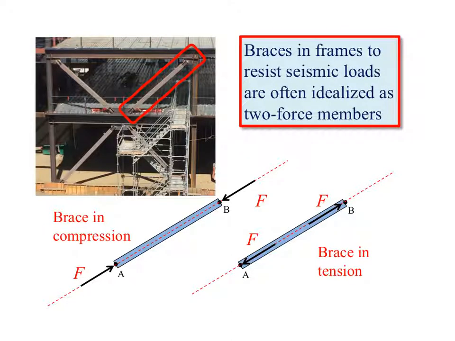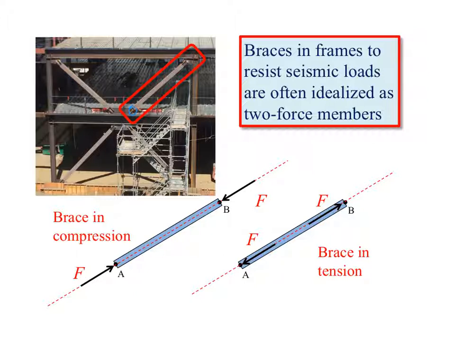An example on campus of a structure that contains two-force members is at the new rec center. We have some seismic frames that are designed to resist lateral load from earthquake, and these members or braces can resist a high amount of axial load, or load along the length of the brace.